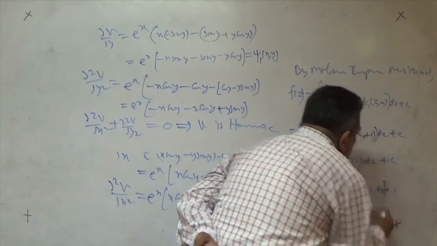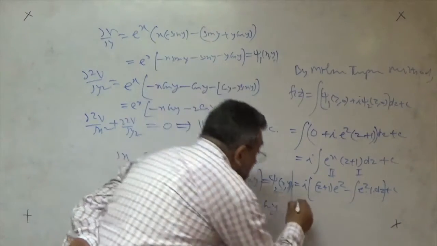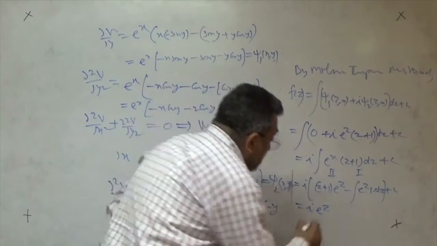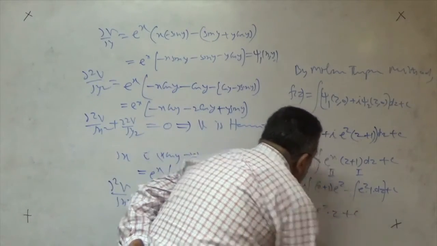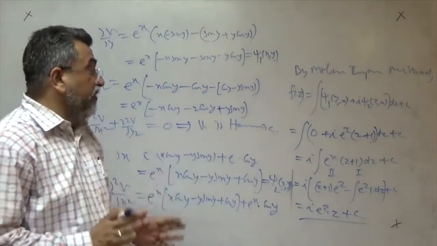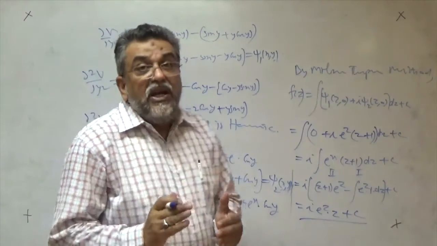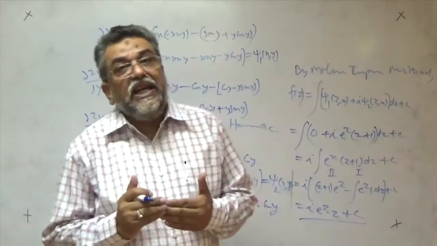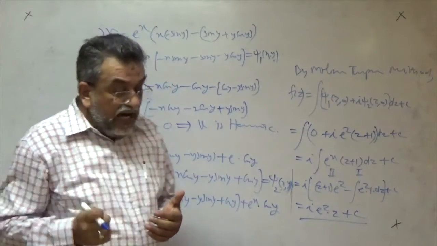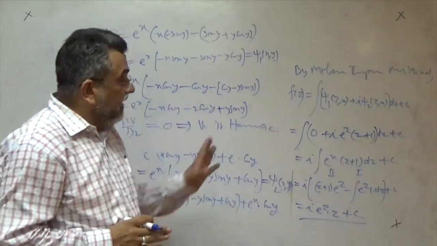See, again we get i; if we take e to z common, z plus 1 minus 1 is cancelled out, we get only z plus c. This is the answer, this is the required analytic function, and that is the example of the second case, when you have to construct the analytic function and the imaginary part is given.